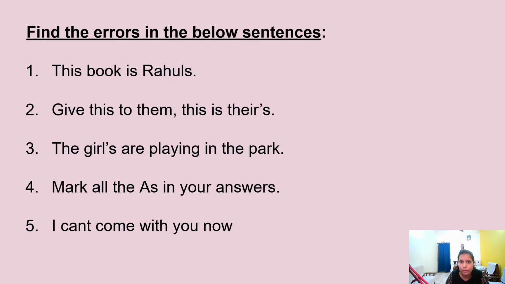You have to put the apostrophe in the correct place. Then: give this to them, this is their's. The girls are playing in the park. Mark all the As in your answers. I cant come with you now. I want you to do this, and after doing it you can check the next slide.